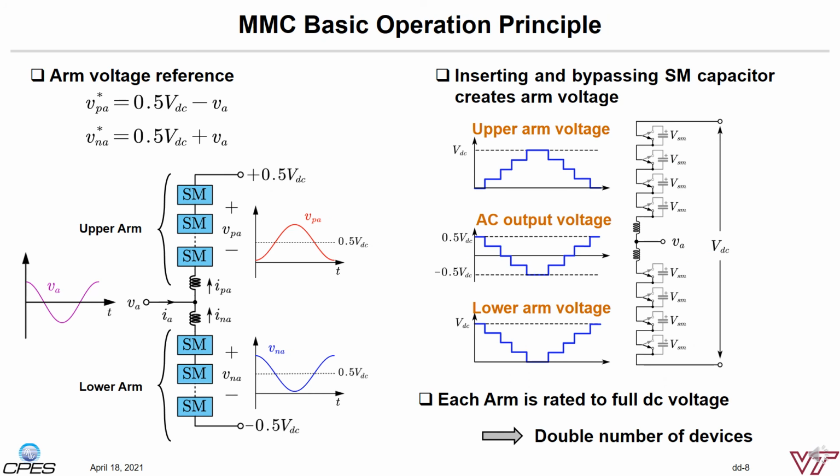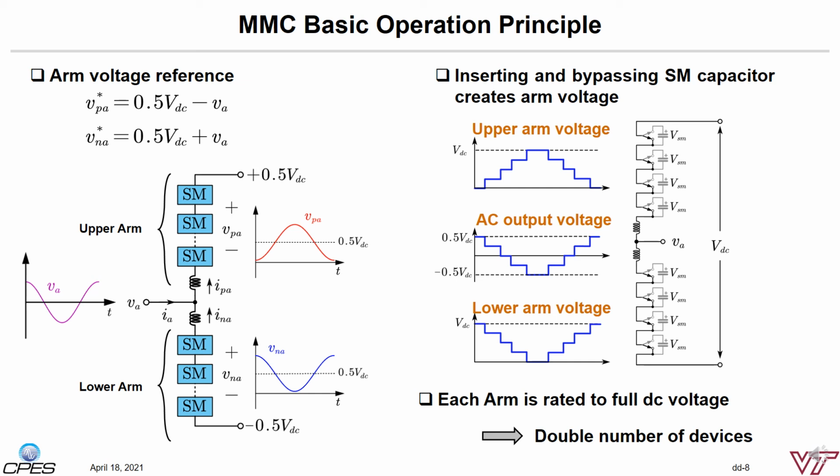There are tons of papers available talking about MMC operation principle. This page shows the very high-level concept. The MMC phase leg is comprised of two arms, lower arm and upper arm. Each arm contains several MMC submodules in series and a reactor for current regulation. The total arm voltage needs to follow these two equations shown on the top in order to synthesize the AC voltage.